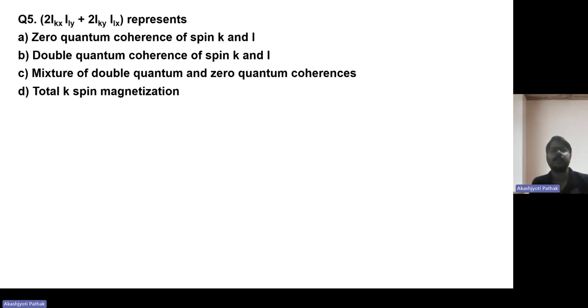Is it zero quantum coherence of spin K and L, double quantum coherence of spin K and L, a mixture of double quantum and zero quantum coherences, or option D, total K spin magnetization? I will give you a few minutes to think on this question and try to solve and answer, and then I'll give the explanation.